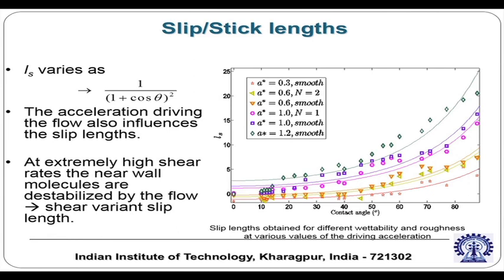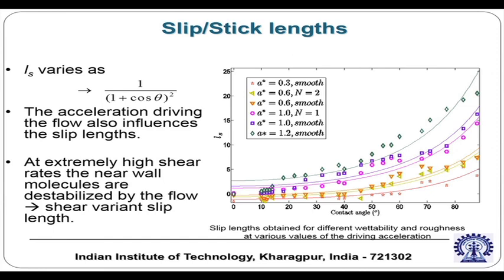The slip length will vary with the contact angle, and it is quite intuitive that it will. That has been known for quite a long time, and the reasoning is obvious because the contact angle determines the wettability of the substrate, and the wettability of the substrate has a strong role to play in deciding the slip.